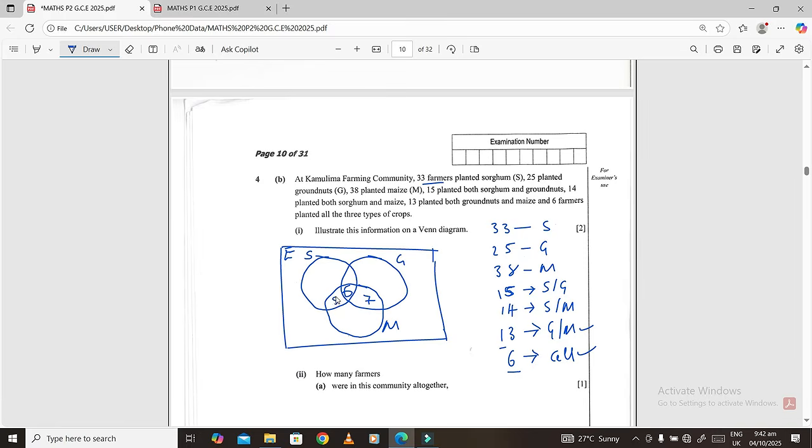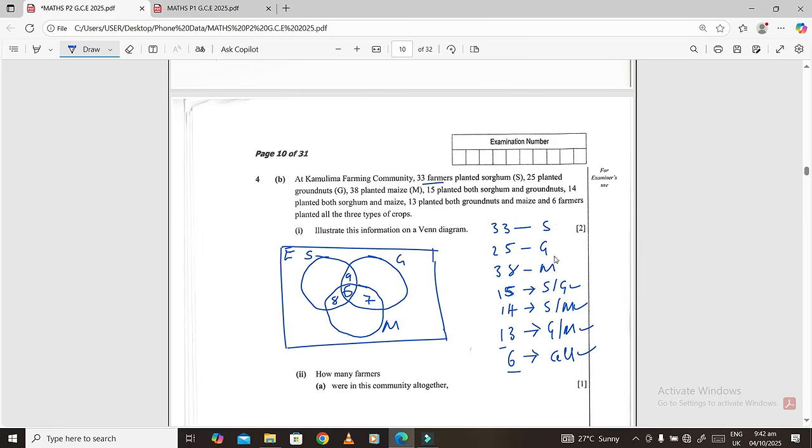So we say 14 minus 6, which will give us 8. We're done with this one. We come to sorghum and groundnuts. That is 15 minus 6, which will give us 9. So now we are done with this.